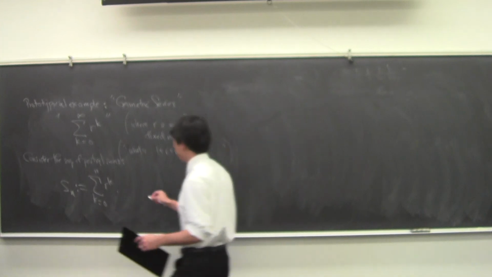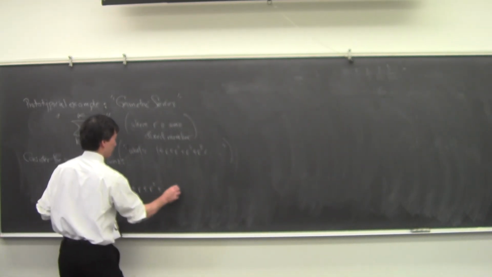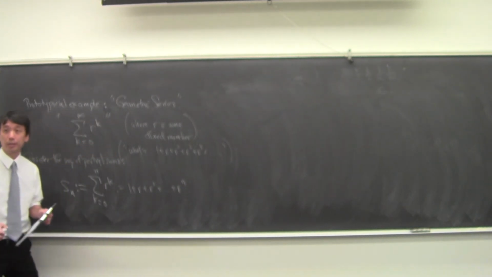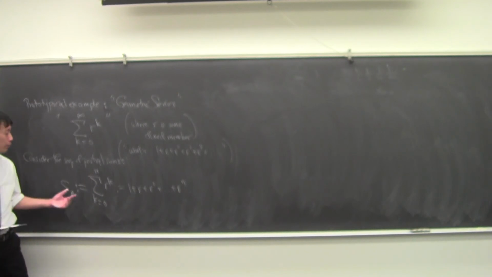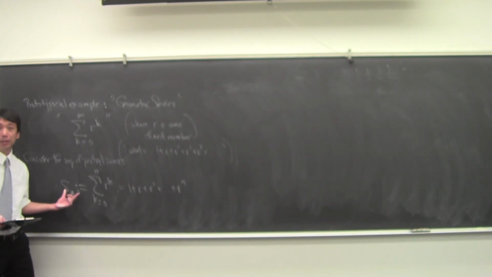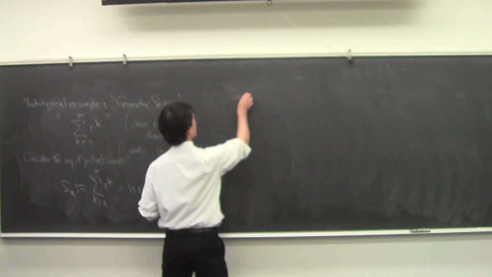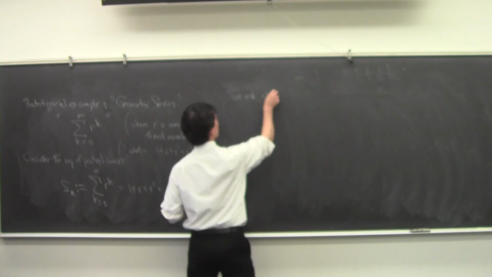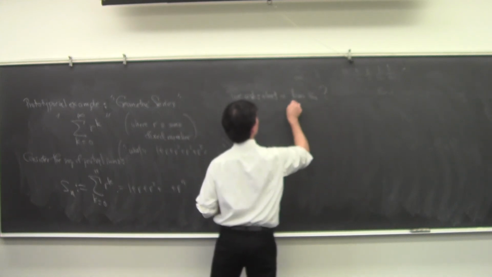In other words, it's 1 plus r plus r squared plus up to r to the n. And we're wondering what S sub n converges to. We ask, what is the limit of the S sub n's as n goes to infinity?